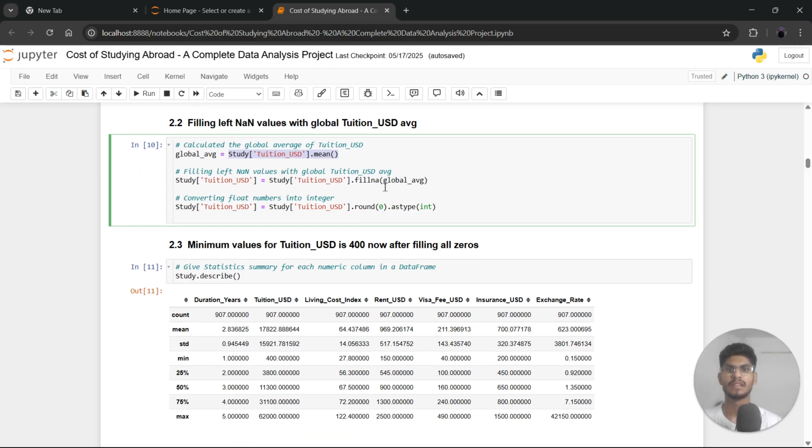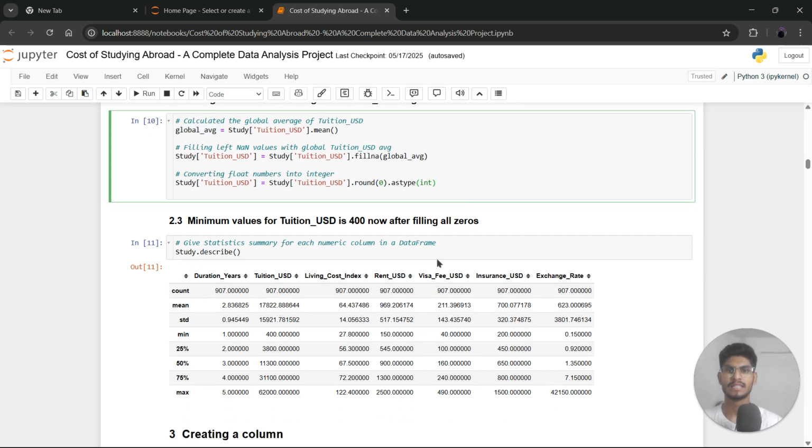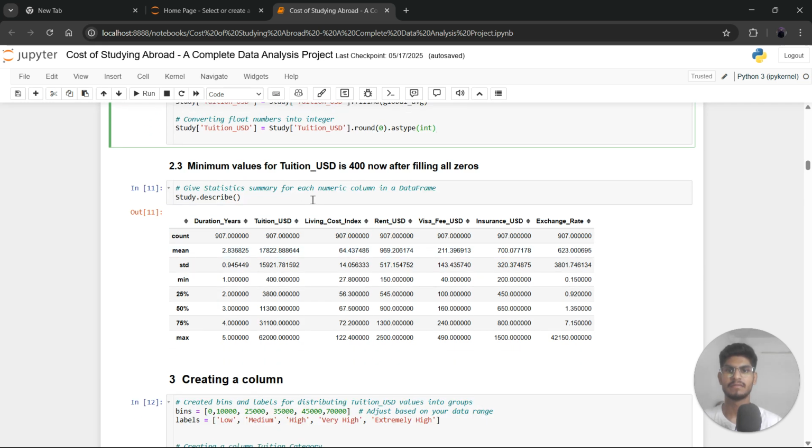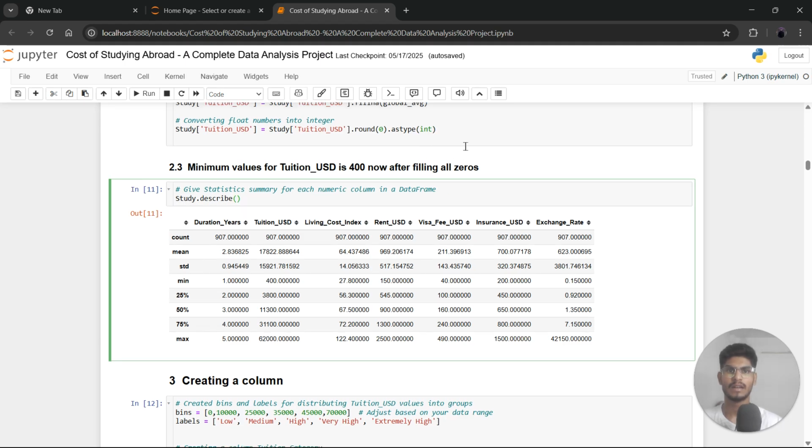Now we are going to fill in a global average. We have given this data to the global average variable, and then we are filling NaN values with the global average. Now let me first run this here.